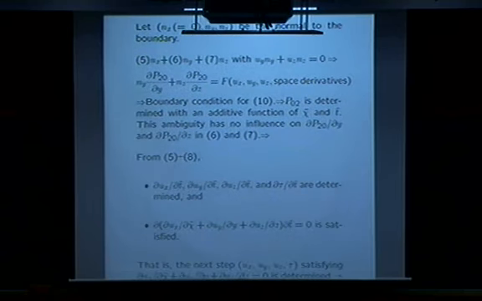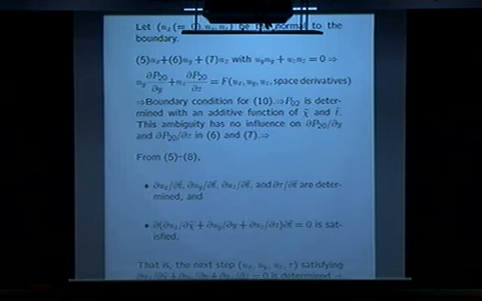Let the normal to the boundary have x component equal to 0. Be normal to the boundary, and you make the scalar product of the momentum equation with this one, and the flow velocity, this component, is equal to 0.